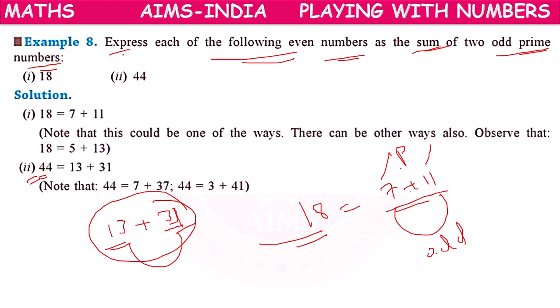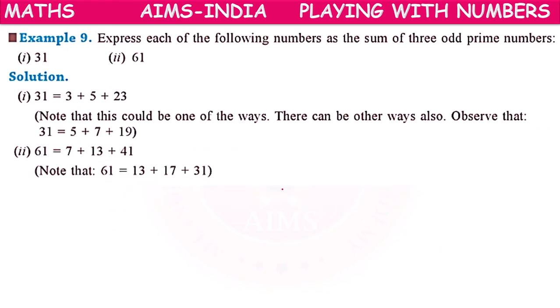We can also write 7 plus 37, or 3 plus 41. This 18 also can be written as 5 plus 13. So multiple answers are there. 7 plus 11 we can write, 5 plus 13 we can write. 44 in 3 ways we can write.